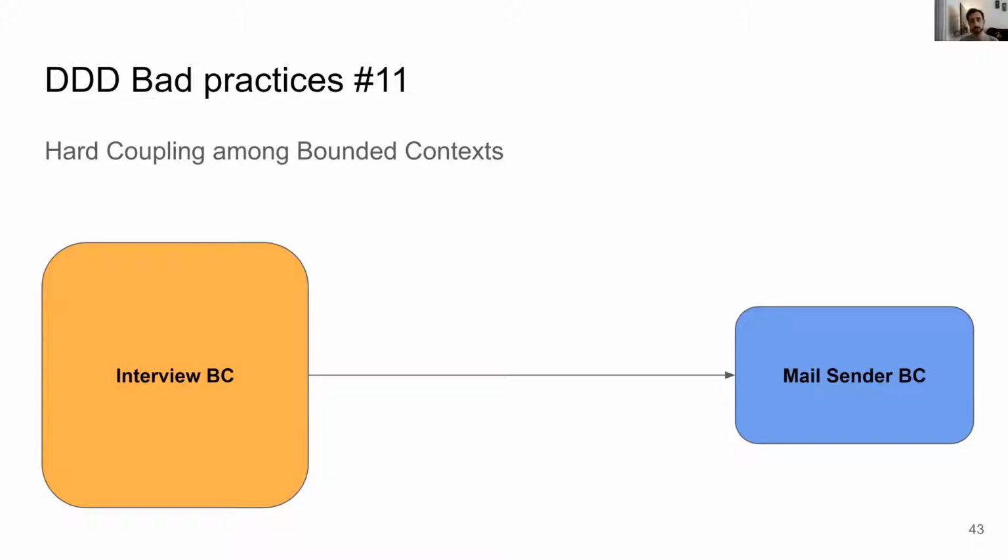So you will use a mail sender bounded context. Here we have a hard coupling between these two bounded contexts. Imagine if the mail sender bounded context breaks down, crashes. The interview bounded context will not work, and so you have a problem.